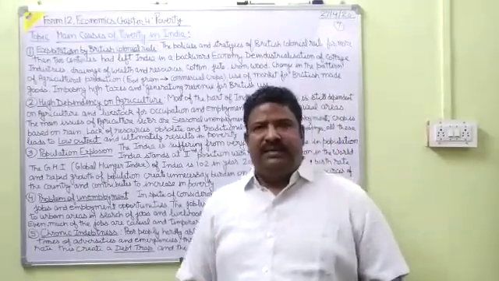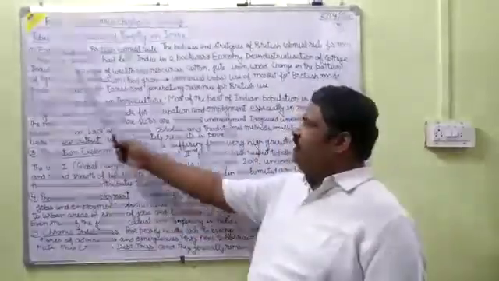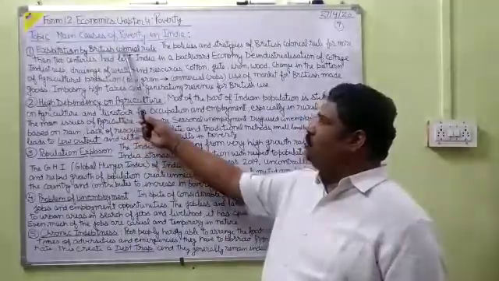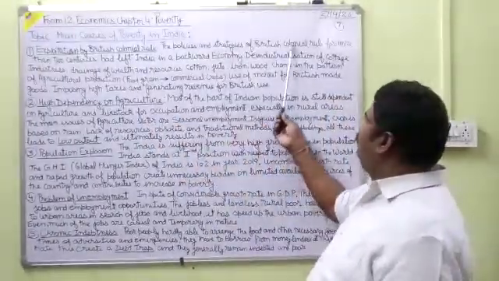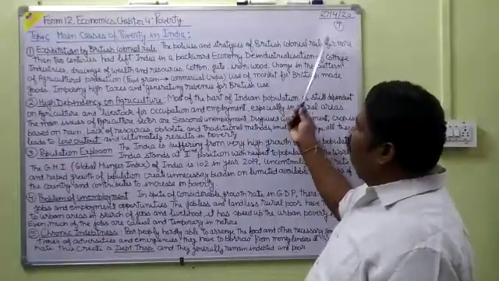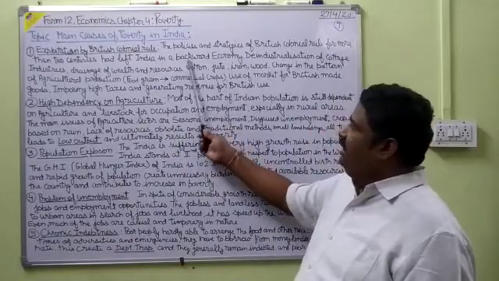So what were the main things we are going to discuss in this point number 1? That the exploitation of the Indian economy by the British colonial rule. The policies and strategies of British colonial rule for more than 2 centuries had left India with a backward economy.